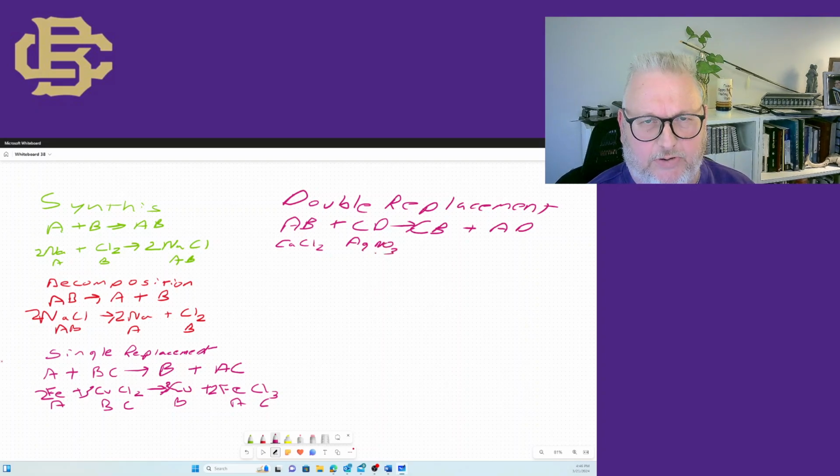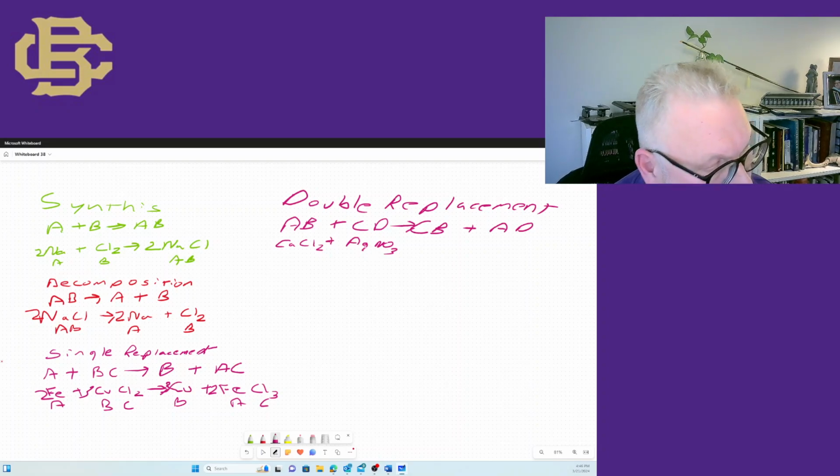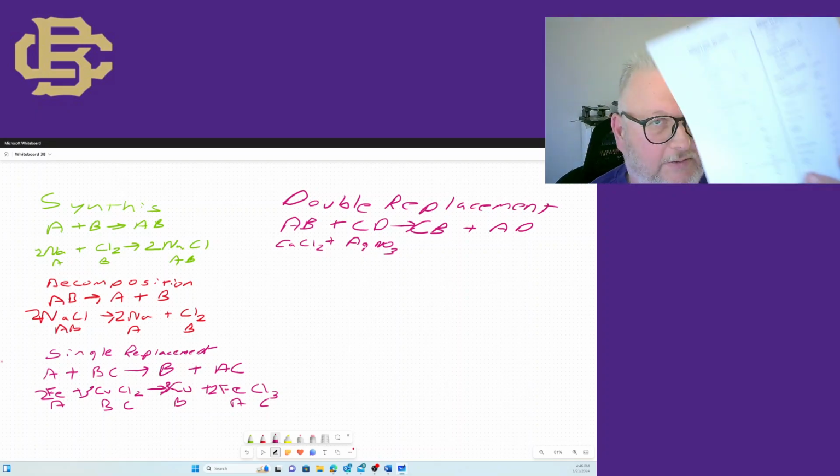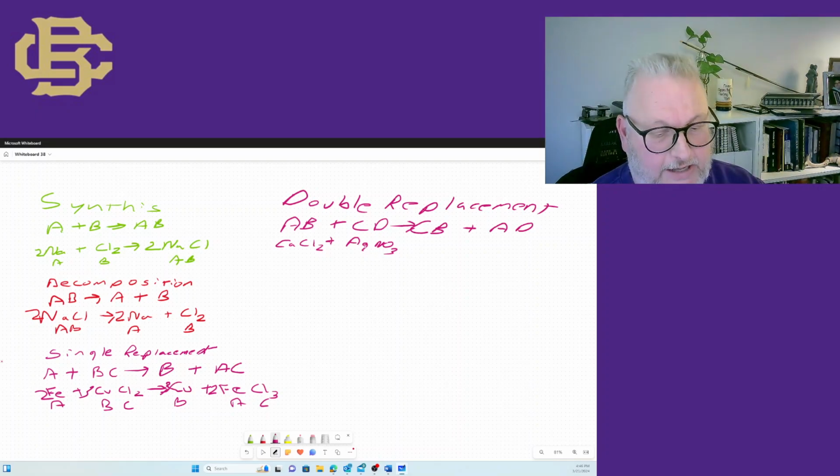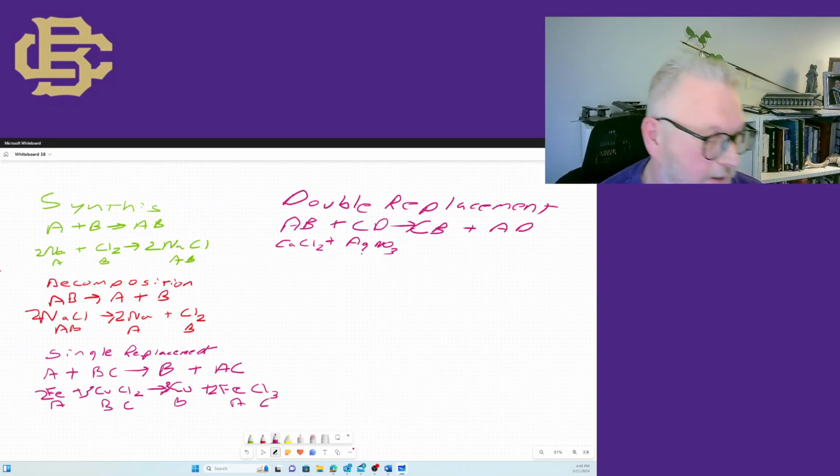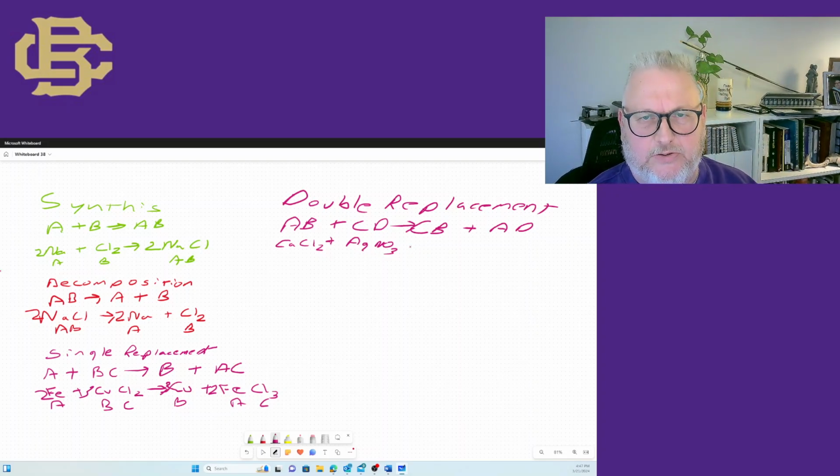Of course, nitrate is a polyatomic. I look at my list of ions, and nitrate has got a 1 minus, so that means silver has to be +1. Nitrate is -1 because they're there together. That's cool, it'll come into play later.